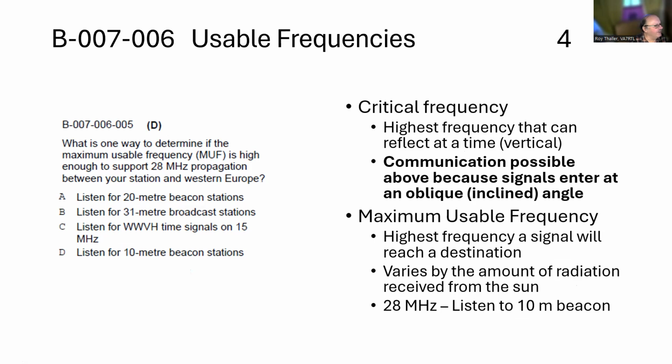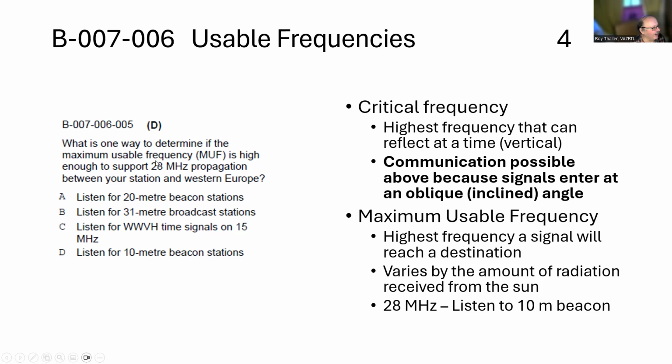What is one way to determine if the maximum usable frequency, MUF, is high enough to support 28 megahertz propagation between your station and Western Europe? What you can do is listen to various beacons that are located around the world, and there happens to be a 10-meter beacon.